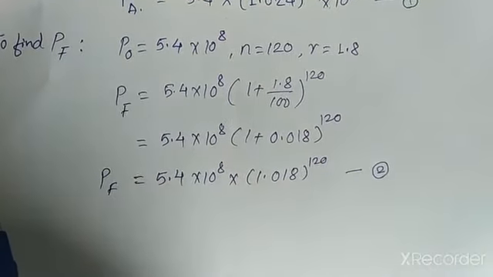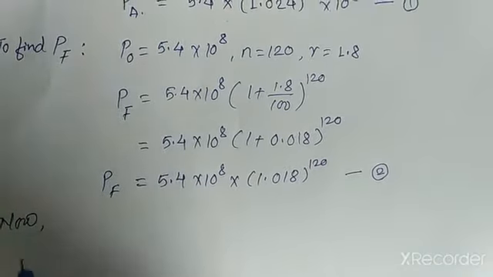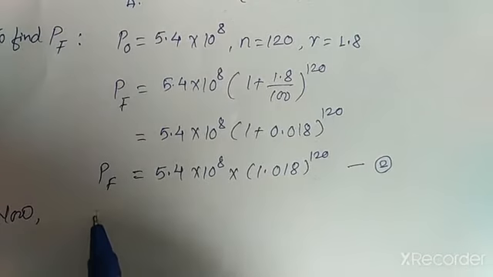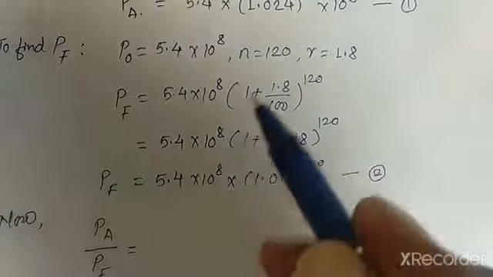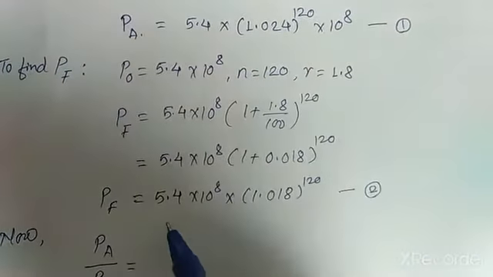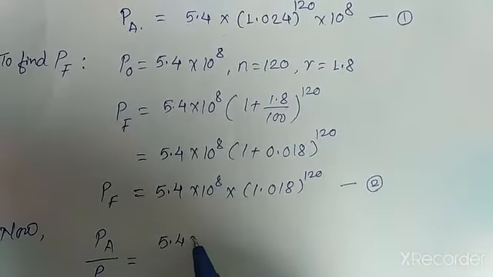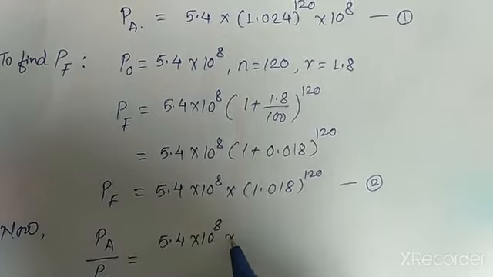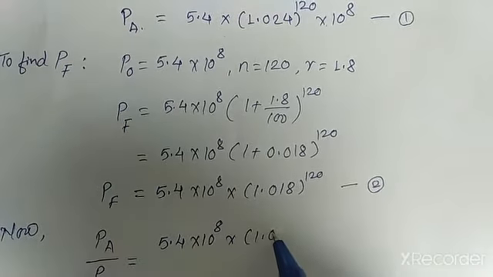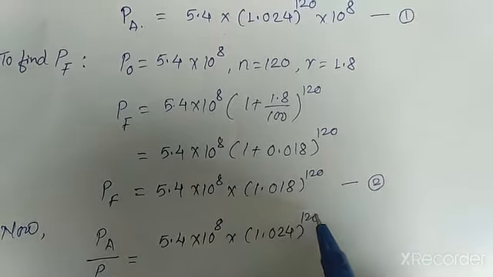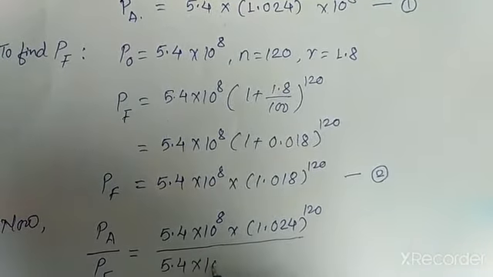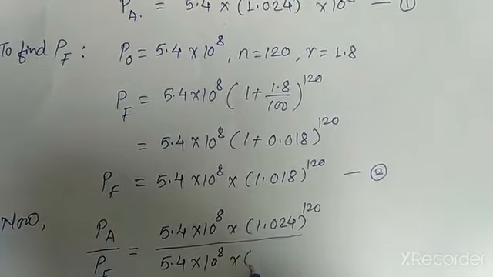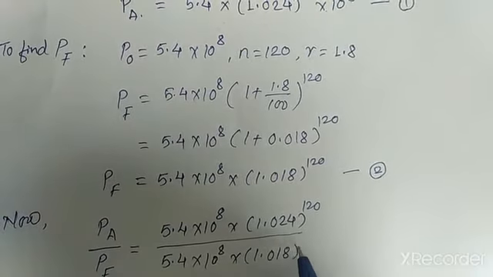Now PA upon PF, we put the values from equations 1 and 2. It can be written as 5.4 into 10 raised to 8 into 1.024 raised to 120 divided by 5.4 into 10 raised to 8 multiplied by 1.018 raised to 120.